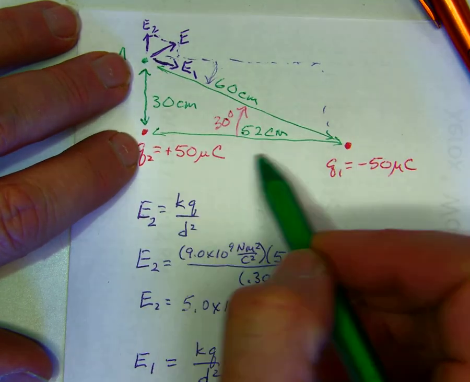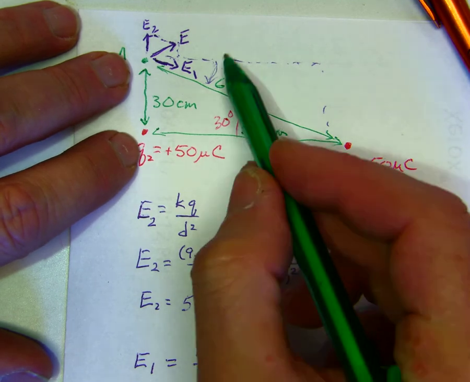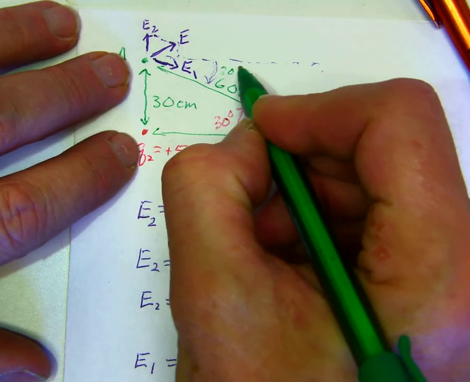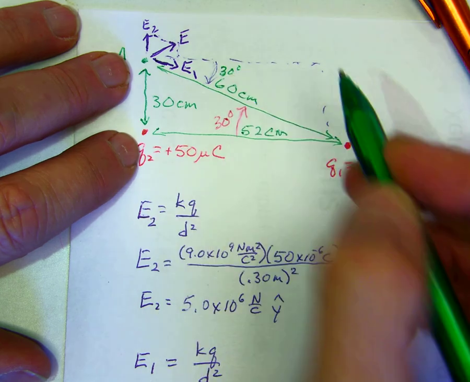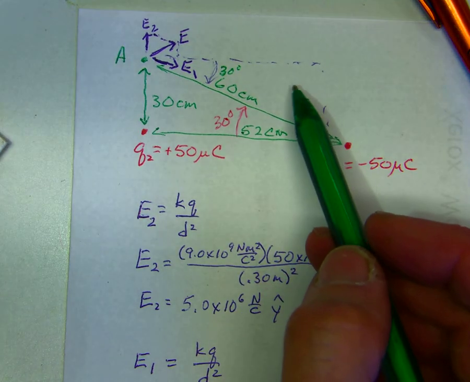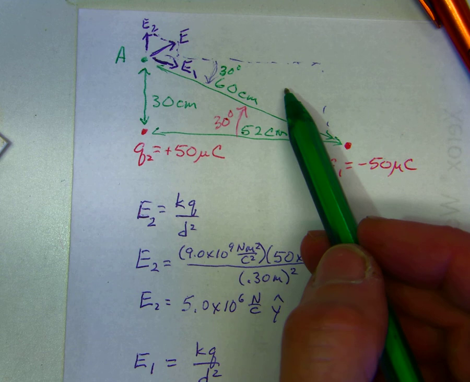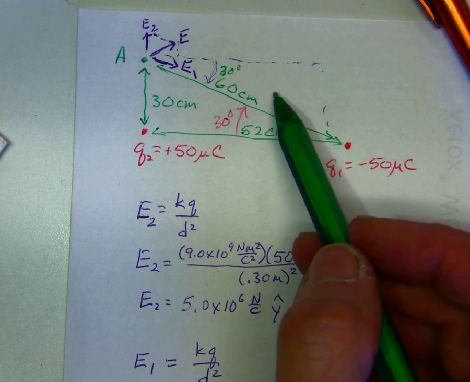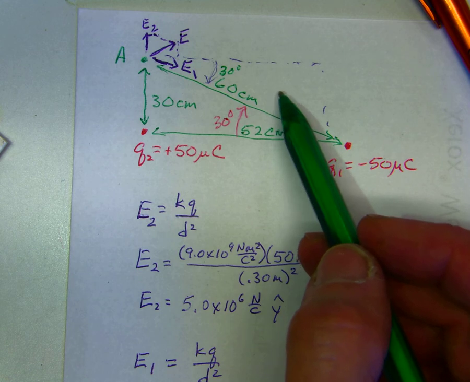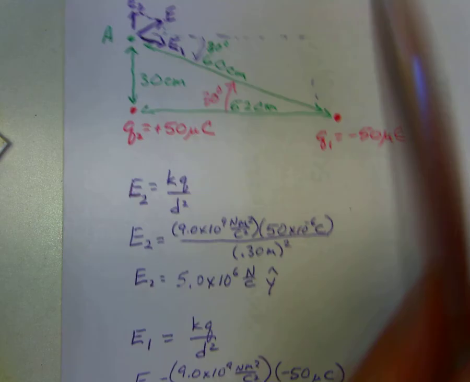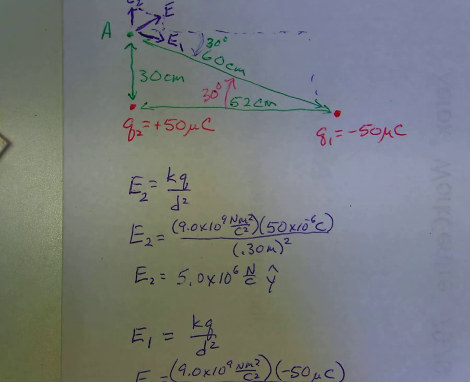So what did you get for E1? In newtons per coulomb. Well, now we have to break it apart. We'll put a part in the x direction, a part in the y direction.